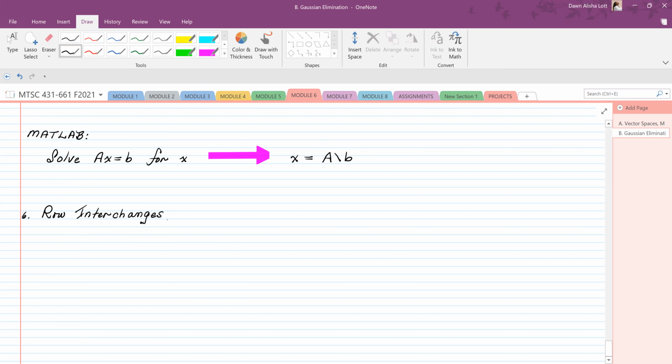Okay, so for row interchanges, let's say we have x1 plus x2 plus x3 is equal to 1, x1 plus x2 plus 2x3 is equal to 2, and x1 plus 2x2 plus 2x3 is equal to 1.